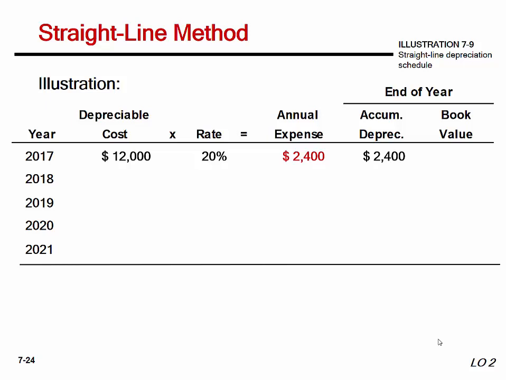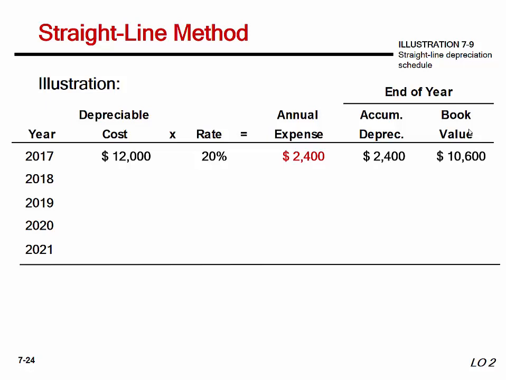It is historical cost, 13,000, what is sitting on that balance sheet for the asset equipment, what we paid for it, minus the contra account, accumulated depreciation equipment, which now has the 2,400 in it. Therefore, our book value at the end of year 1 is 10,600.